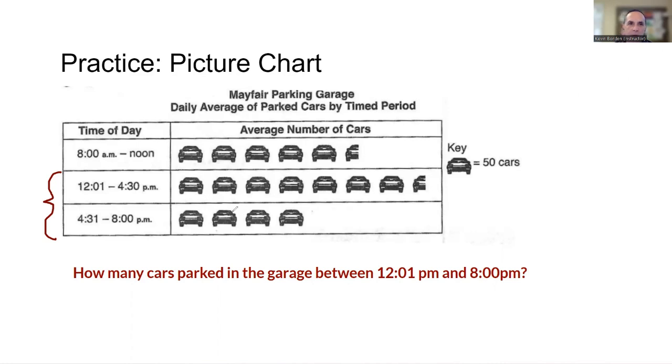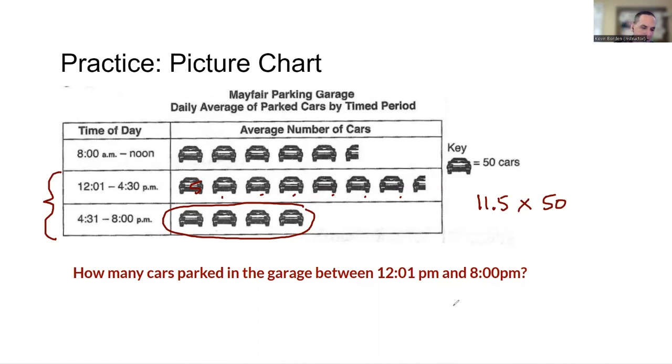I'm going to start with this one because I can see that there's 4. And then I'm just going to keep counting. 5, 6, 7, 8, 9, 10, 11, and a half. 11.5 cars, and I know that each one is worth 50 cars.